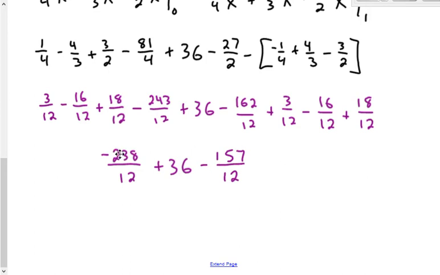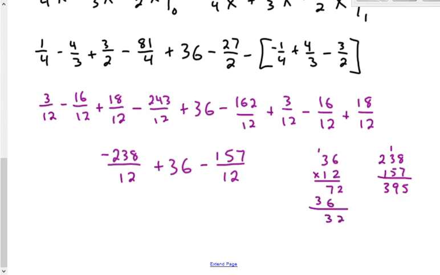So let's see, negative 238 minus 157. I better do this over here. 238, 157. 15 carry 1 is 4 is 9. 395. I'm going to go ahead and do 36 times 12. I'm going to get 2 carry 1, 6, 7, 6, and 3.